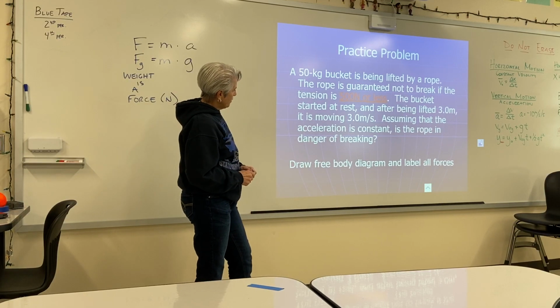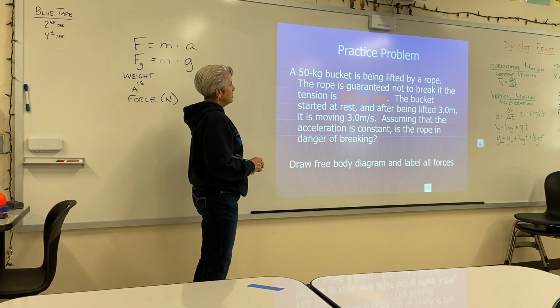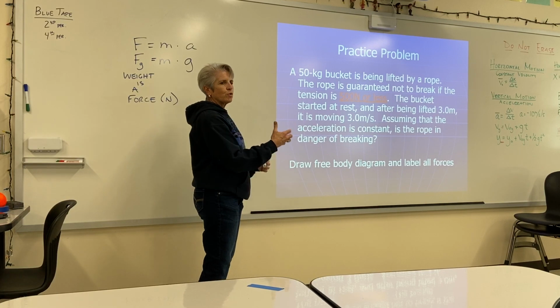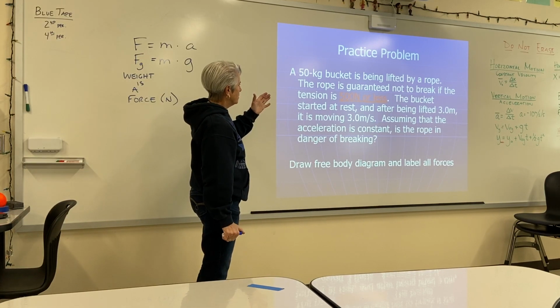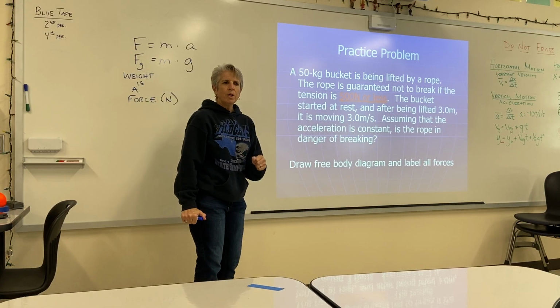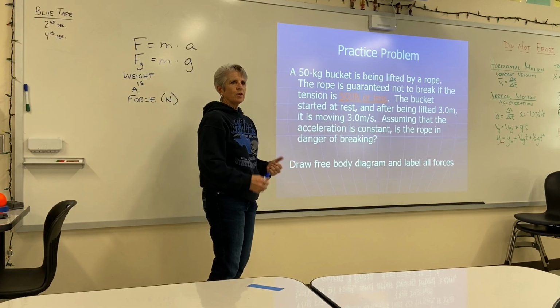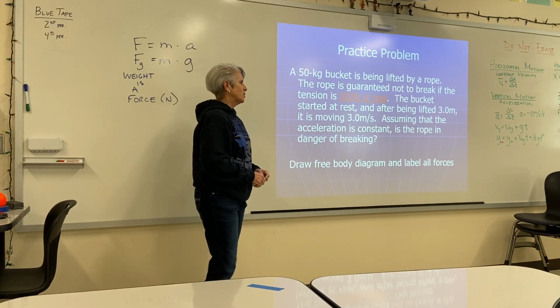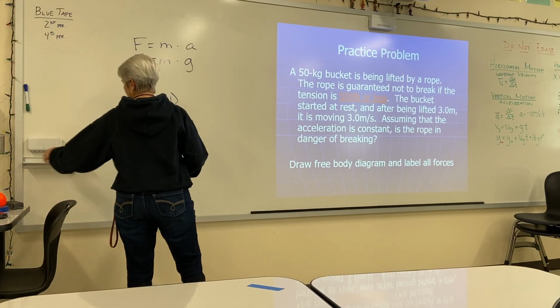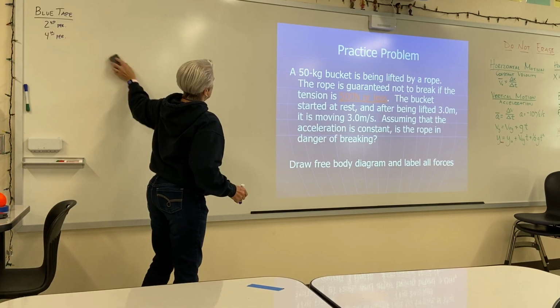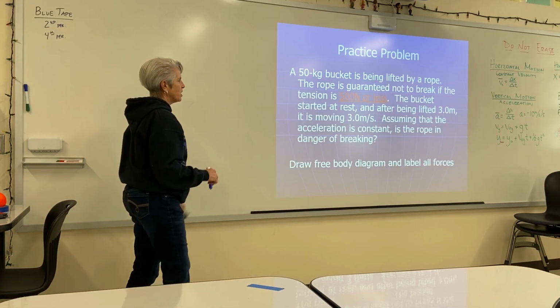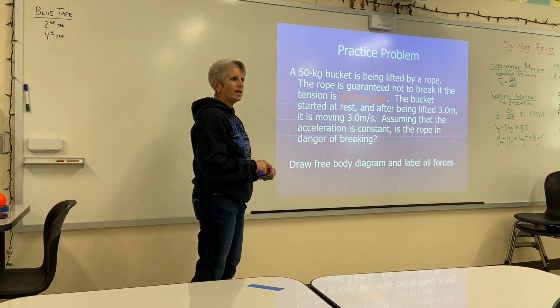So this last problem that we have here is a problem that we can work through. Now this is an up and down problem, and it asks us to find a tension in a rope and wonder if the rope is going to break or not. So we have a bucket that's being lifted up a certain distance, and this rope is advertised not to break if the tension is 500 newtons or less.